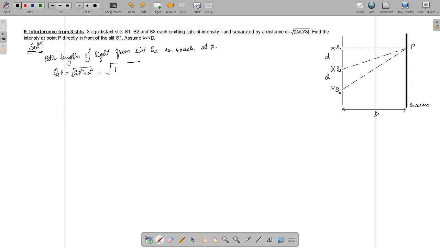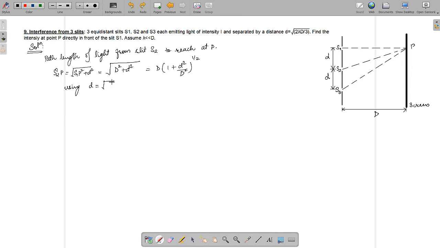S1P is the distance between the screen and the slits, which is D. So this comes out to be D into 1 plus small d squared by capital D squared, whole to the power 1 by 2.